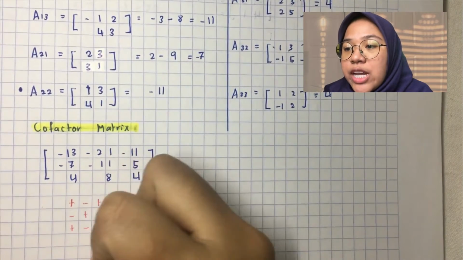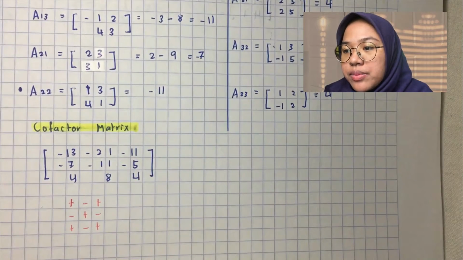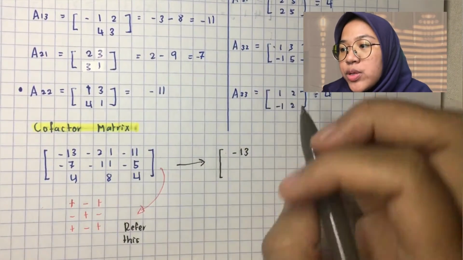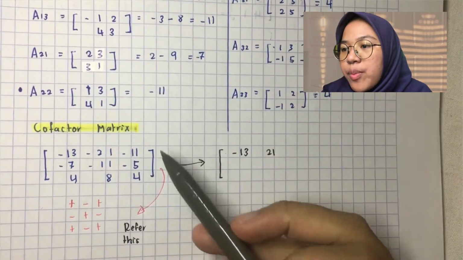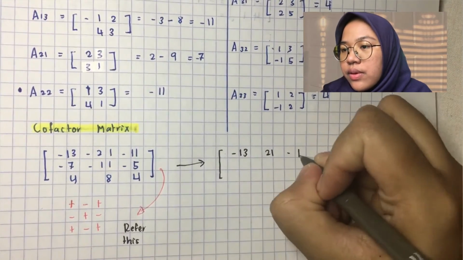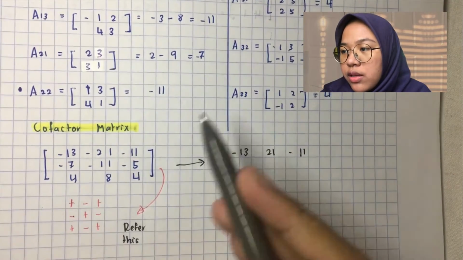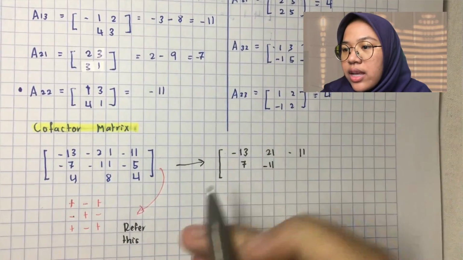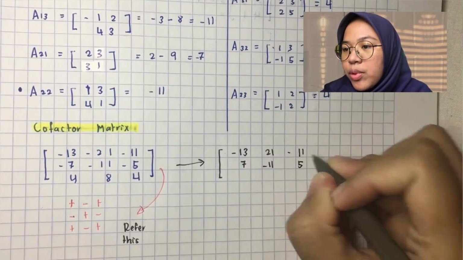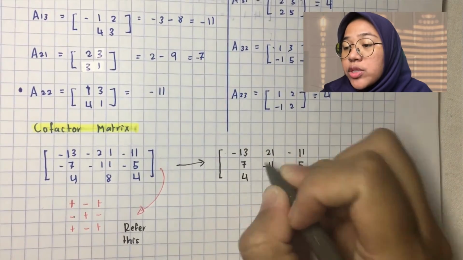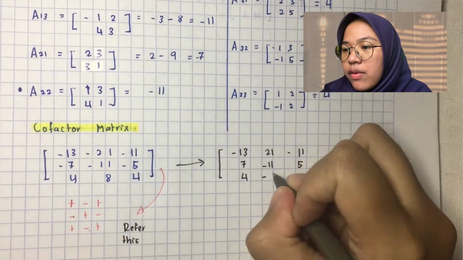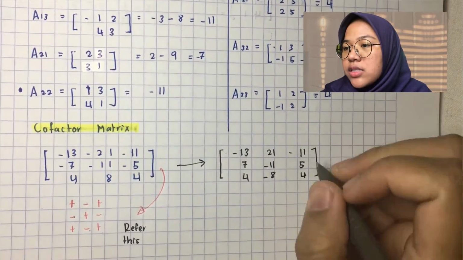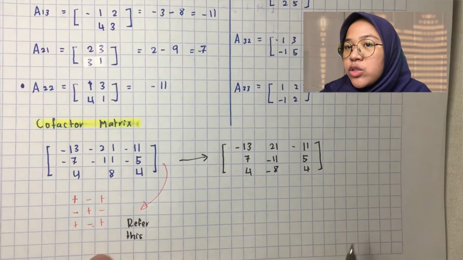Okay, but then we must change the signs according to this pattern: positive, negative, positive, negative, positive, negative, positive, negative, positive. So basically, this is the final answer for cofactor matrix, because we need to change the sign first.